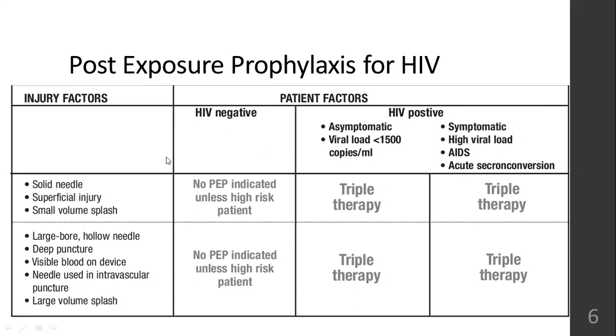If the blood sample comes back negative, you are not affected by the HIV virus. You are safe even after a needle stick injury, whether it was a superficial injury or a deep puncture wound, whether a large or small volume of blood was involved. If your test results are negative, you don't have to take any post-exposure prophylaxis for HIV.